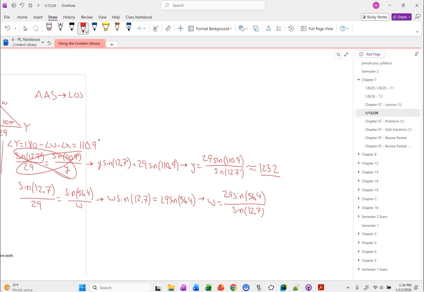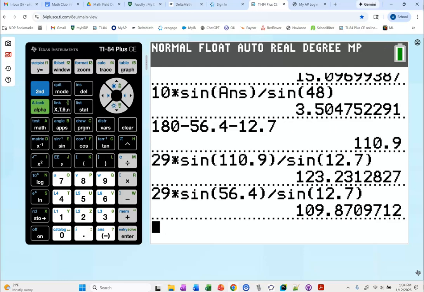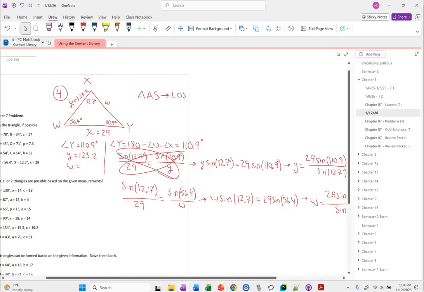And then again, we'll go back to 29 times sine 56.4 divided by sine 12.7. So 109.9, let's say. And that should do it.